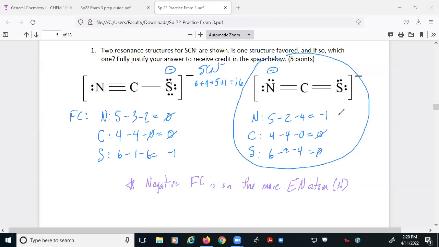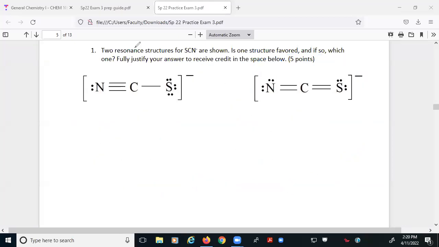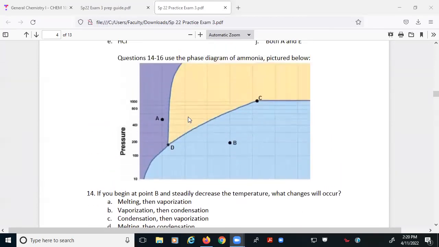All right, another question. Okay, so just as a reminder, this is a phase diagram.